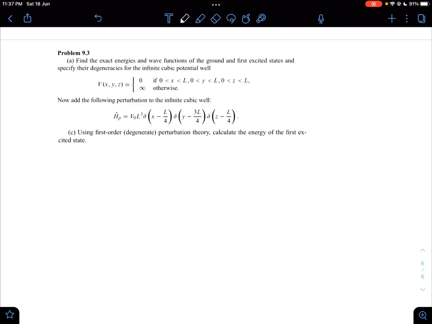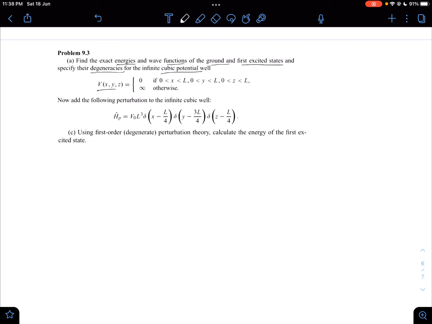Okay, let us now move to the second problem of today's video and the last problem. In this problem we have to find the exact energies and wave function of the ground state and first excited state. We also have to specify their degeneracies for an infinite cubic potential well.